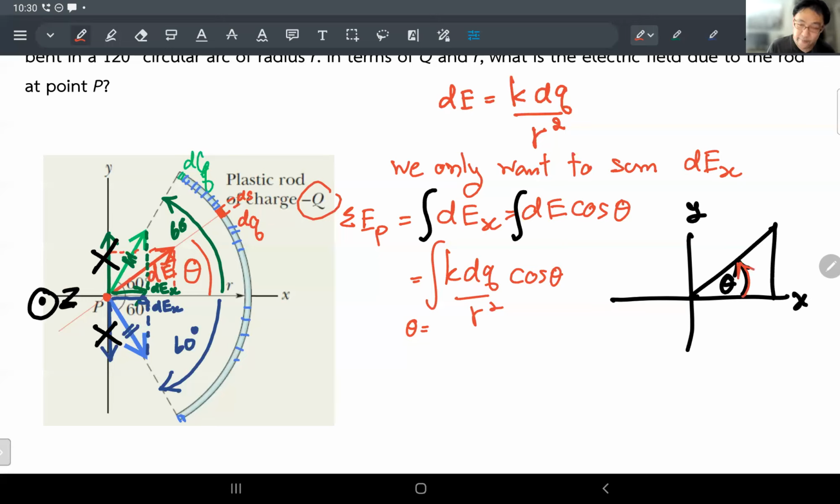I put the arrow there. You measure counterclockwise. So if you use your right hand and you curl your forefinger counterclockwise, which direction is your thumb? Your thumb is pointing to your face again, because your Z axis is also pointing out.